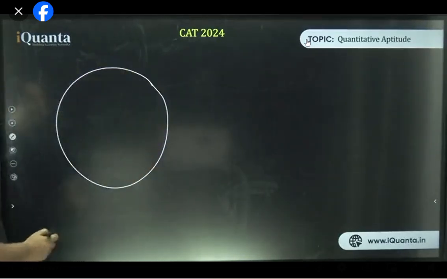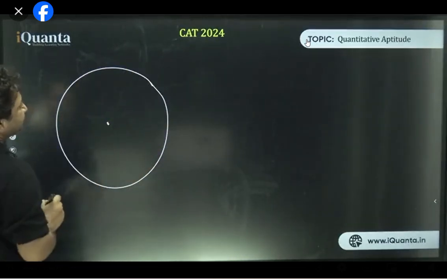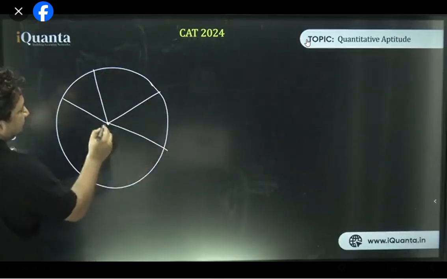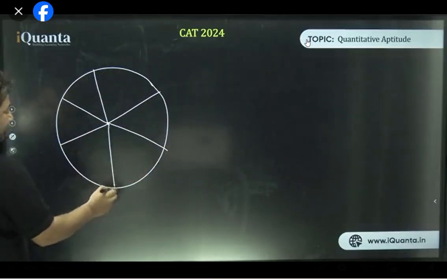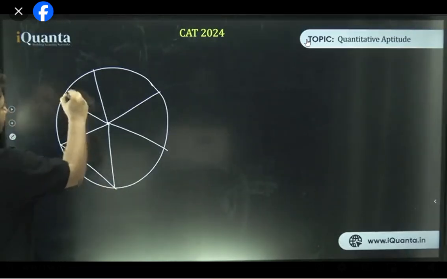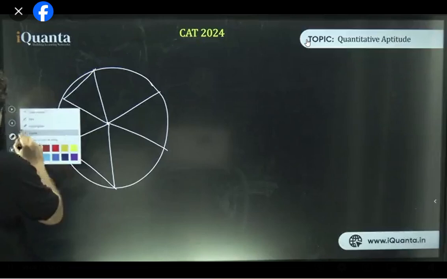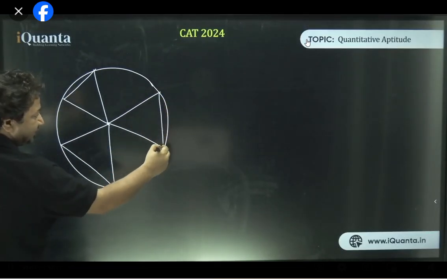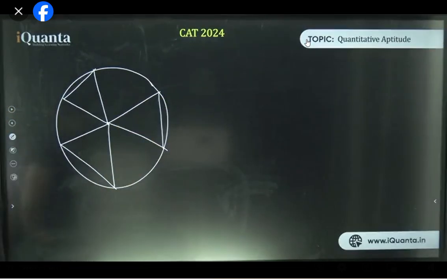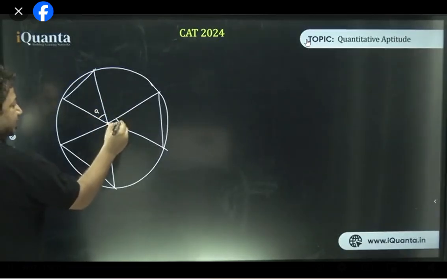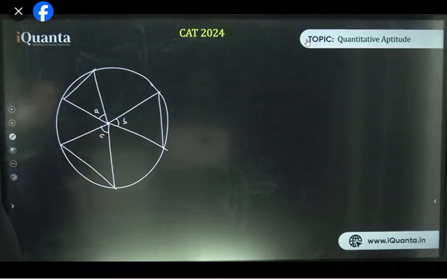We have a circle like this, and the center, and some sectors. Now you will say, you haven't studied circles, so why are you giving a question on it? I know you will say that. But the circle knowledge you already have will be enough. Okay. Let this angle be A, let this angle be B, and let this angle be C. All right.